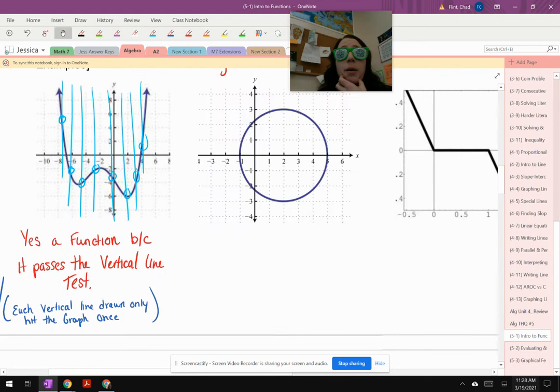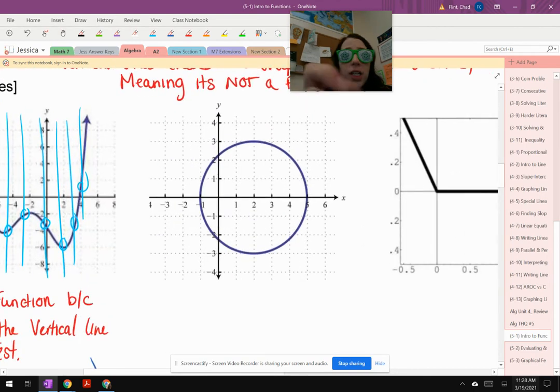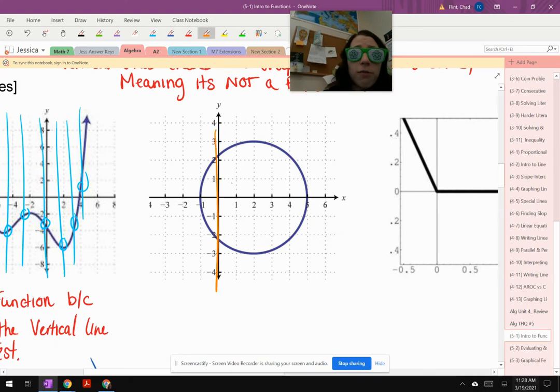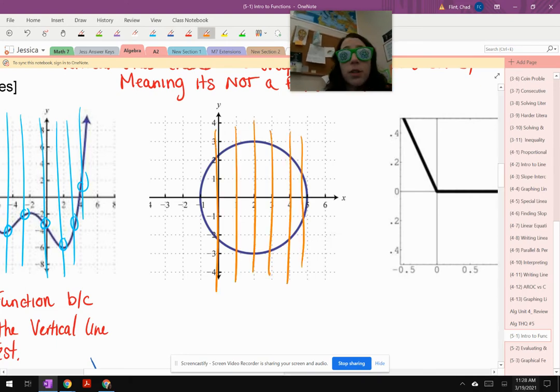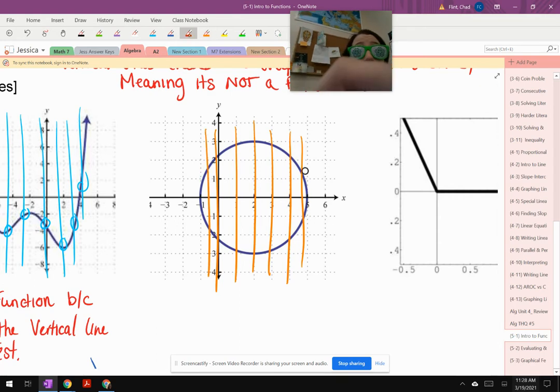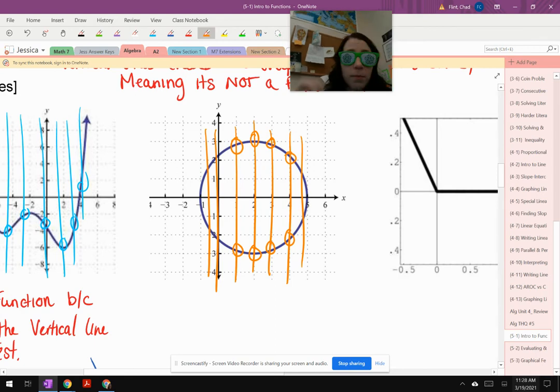Looking at our second example here, the circle, such a pretty circle. If you go through and draw your vertical lines, do that vertical line test, I'm using orange this time, you might be seeing that we have some problems here because these lines hit this circle twice, which is a problem.